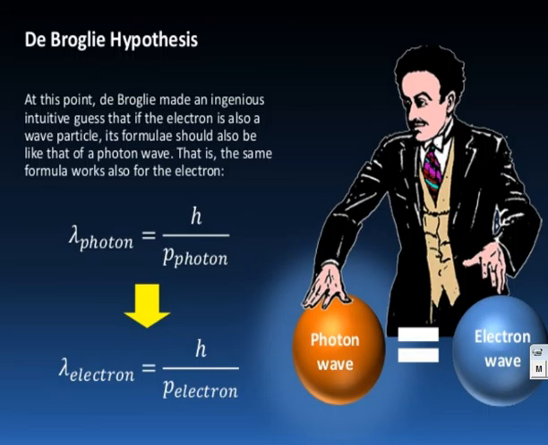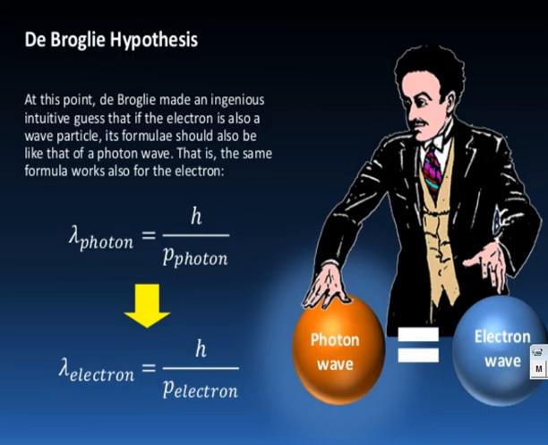So we can actually use the same set of equations for electrons. Here, wavelength is equal to Planck's constant over the momentum. We can use that same equation for both photons of light and also for electrons, which exhibit this wave-particle duality.